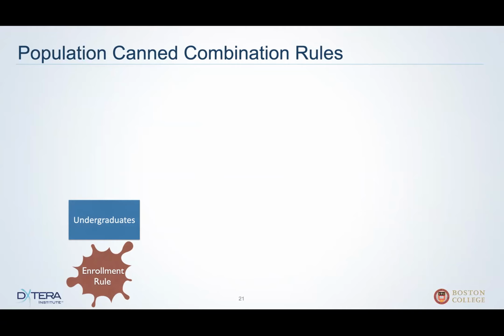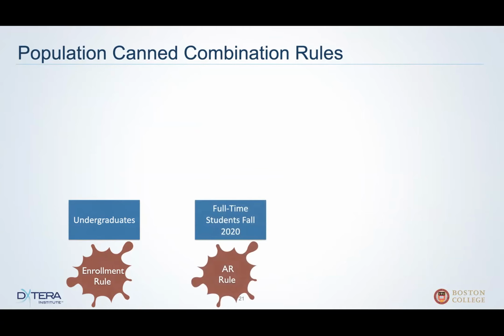So I may have one population called undergraduates, and how that's going to be implemented is I went and wrote some code and did some queries against the academic record service. Maybe I defined another one called, is someone a full-time student in this particular term? So I wrote another piece of logic to go and call the academic record service and go find the answer to that.